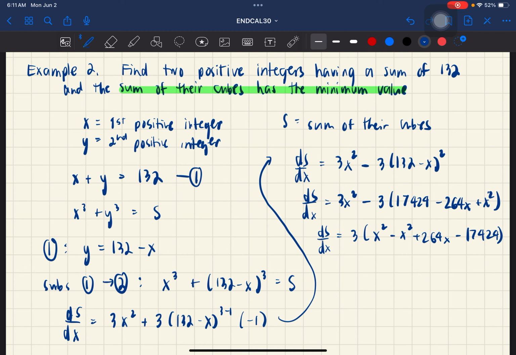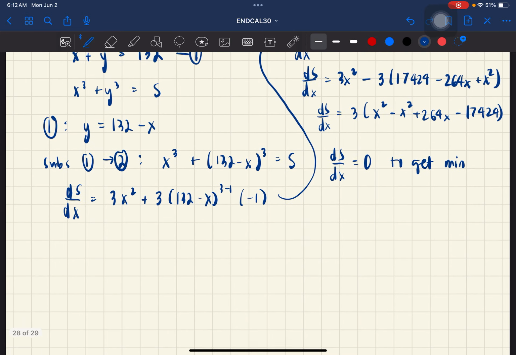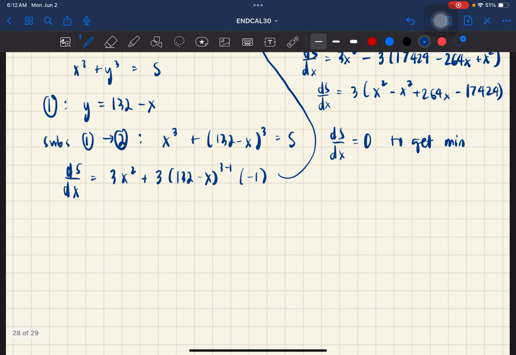Okay, remember to get the minimum of s, we equate it to 0. So with that we substitute 0, put it here. 0 is equal to 3 times, we just cancel x squared, 264x minus 17,424.